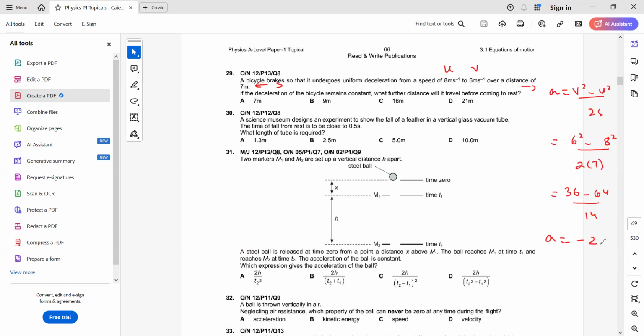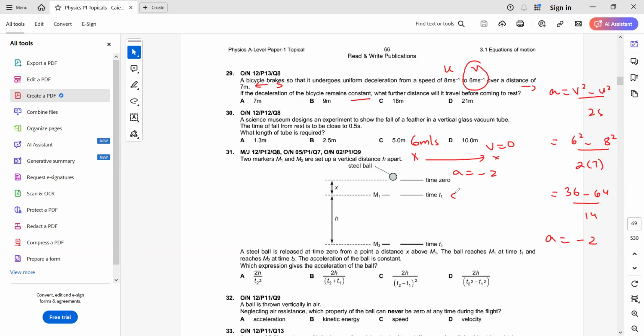Deceleration is 2. Then it says the deceleration remains constant. That means now it's the other part of the journey. What further distance? The deceleration stays constant and it has to come to rest. The final speed of the previous part becomes the initial speed of the next part, and the acceleration is minus 2.